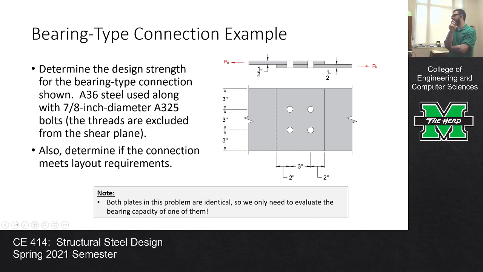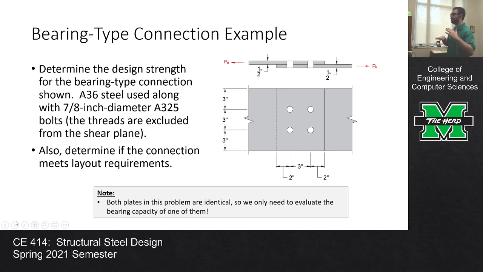We're going to take this connection and compute the design strength of the connection according to bolt shear and bolt bearing. On the side I also took this member and calculated the gross section yielding, the net section fracture, and the block shear rupture capacity, so that we can look at what the other limit states reveal for this member as well.